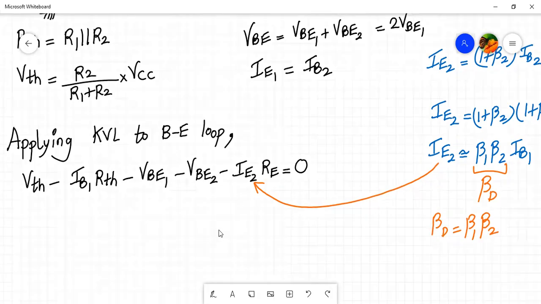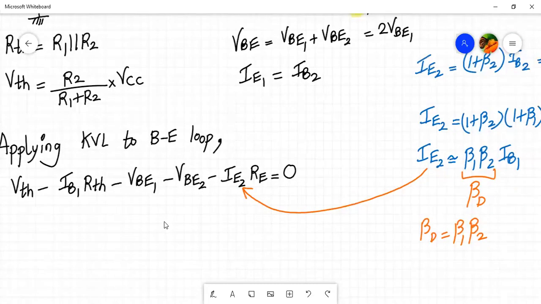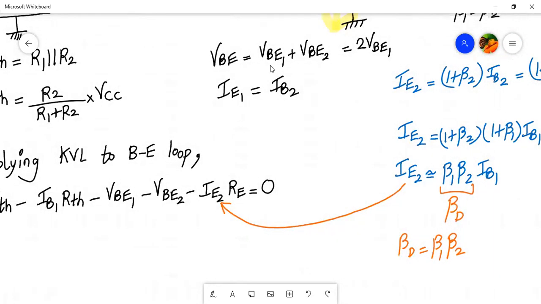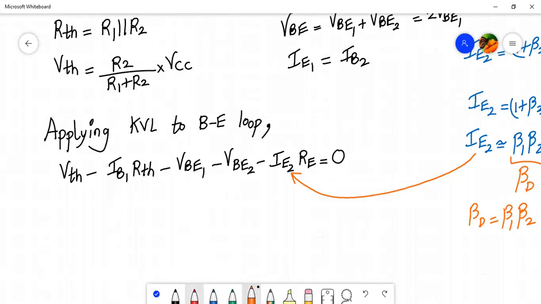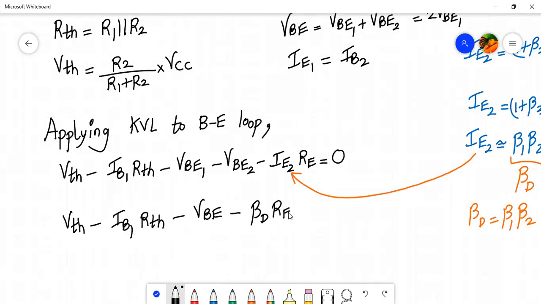So now let me rearrange the terms over here. Also we note that VBE is VBE1 plus VBE2, so here I can add the two terms together and call it VBE. So here I will write VTH minus IB1 into RTH minus VBE minus beta D times RE into IB1.